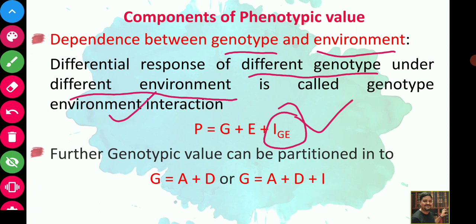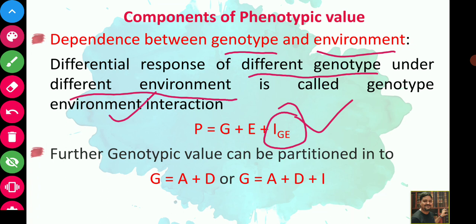What this line wants to tell is that there are various genotypes. Suppose you have two genotypes, one is capital AA and another is capital A small a. So capital AA is responding very well to a particular environment. Or you may think that some people like a cold environment and some people like a hot environment. So the cold environment will be favorable to that particular genotype, and it will be unfavorable for another genotype.